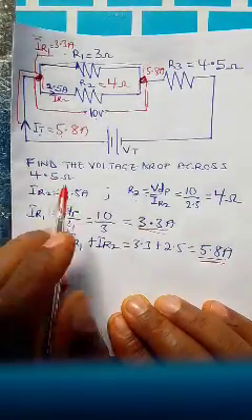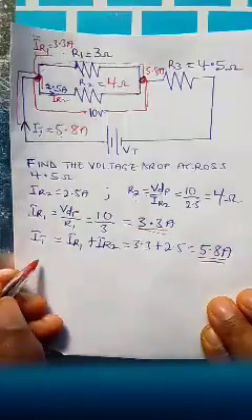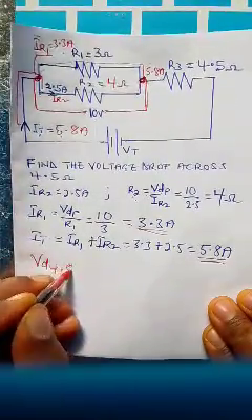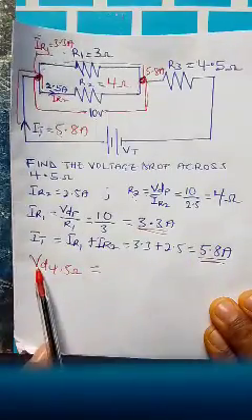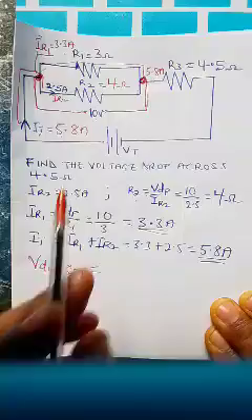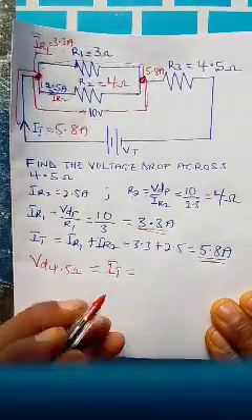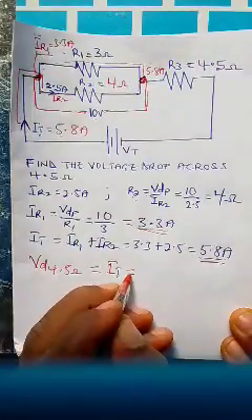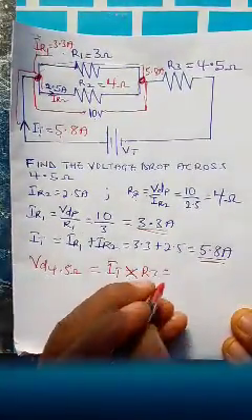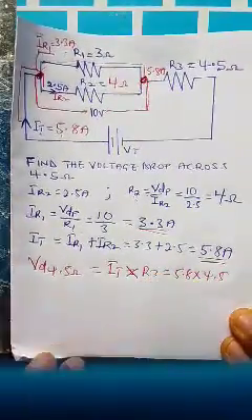The question says find the voltage drop across the 4.5 ohm resistor. In Ohm's law, voltage is equal to current times R. So the voltage drop across the 4.5 ohm resistor equals total current times R3, which is 5.8 times 4.5.